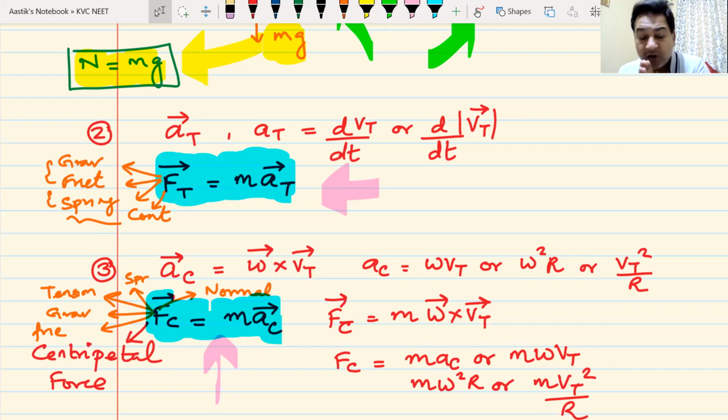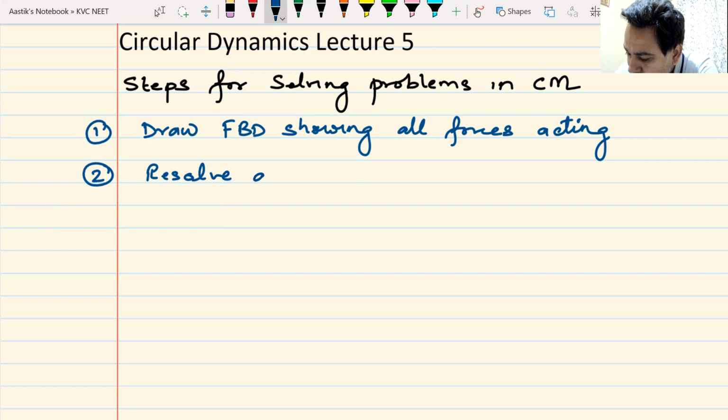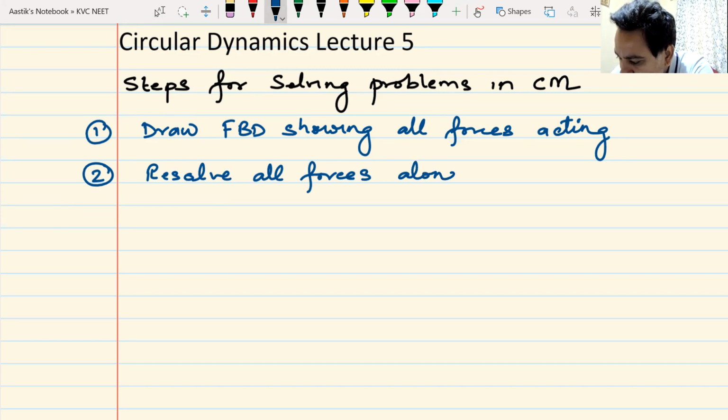Okay. Now, that is what we need to note down, and we will write it as steps so that whenever you want to revise, you can revise it. So, the next step is resolve all forces along.